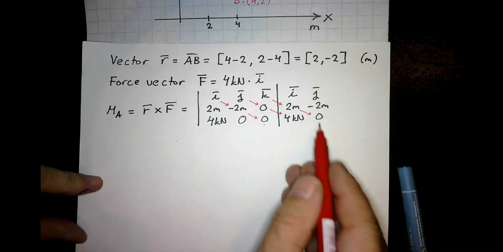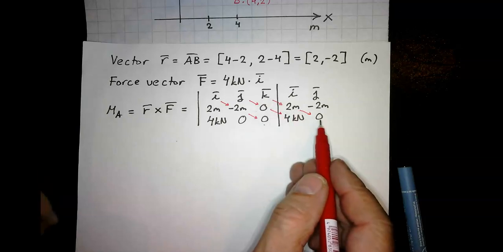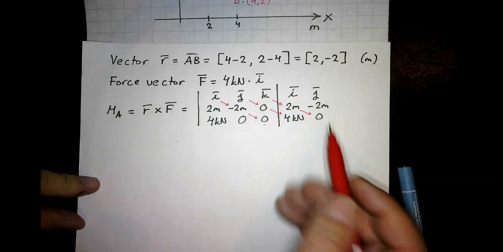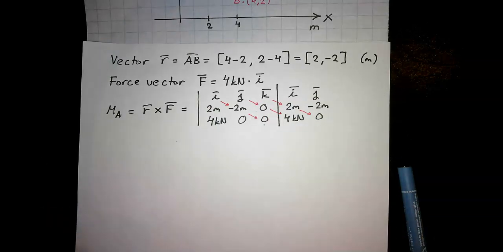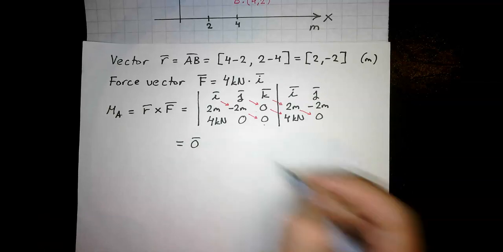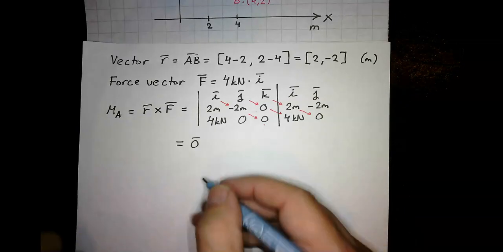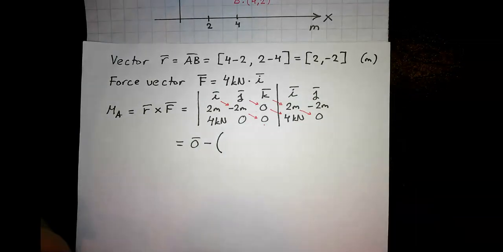Again we get 0 because the third component in the multiplication is also 0. So all these will give us zero vectors. So that will give us 0 in the positive direction.